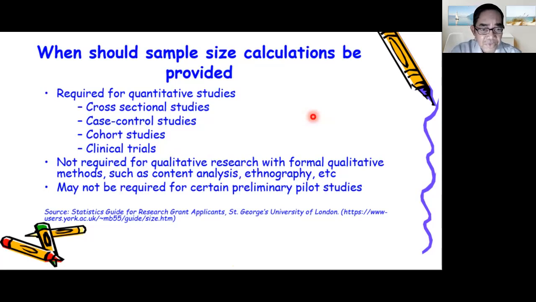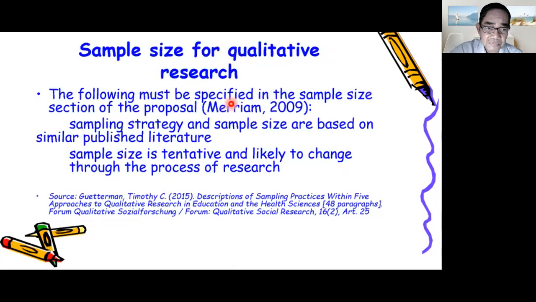And so we need to calculate the sample size for quantitative studies because we want to know if the sample size that we calculate can be sufficient to make generalization of our results.